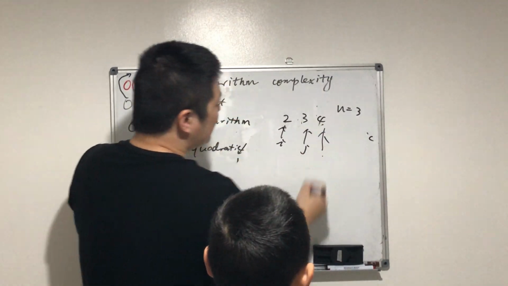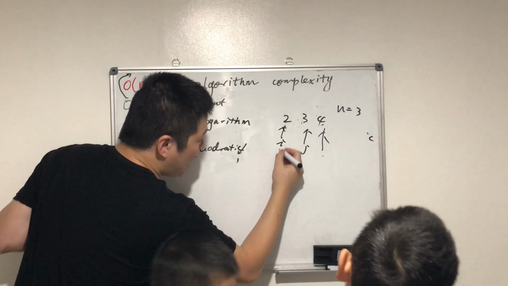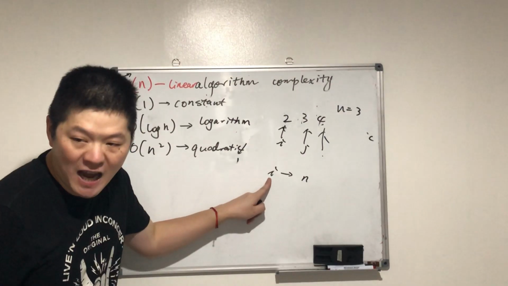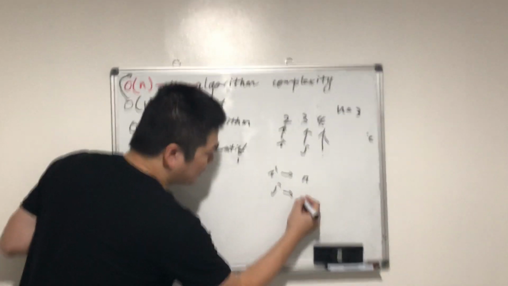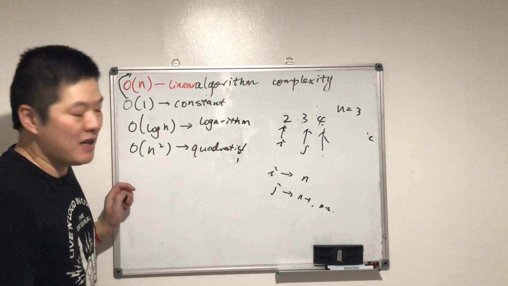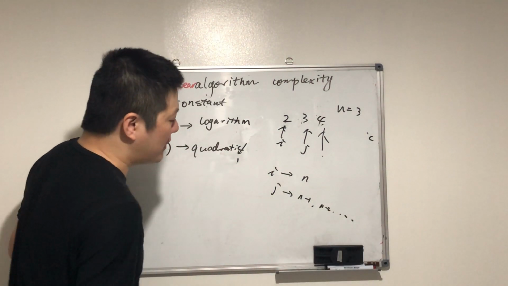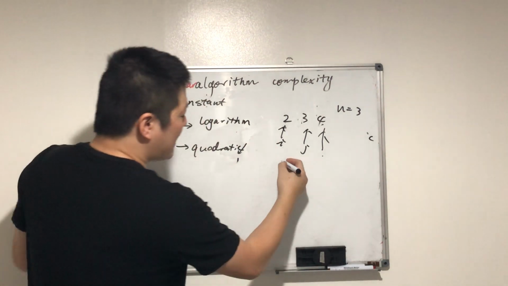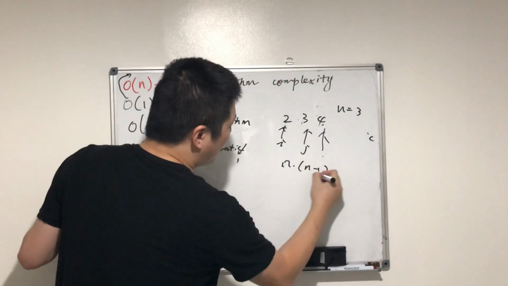and then swap it. So basically, i needs to go through n steps, and for every i, j needs to go through n minus 1, n minus 2 steps, and so on. So the checking is around n times n minus 1 divided by 2.